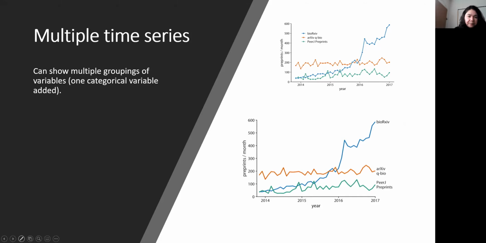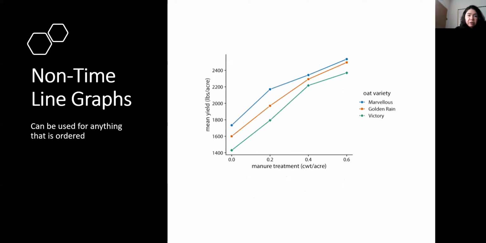Okay, and of course you can use this with things that are not time. So anything that is ordered. These make sense with things that are equal increment ordered. However, we do see these graphs used for other things.